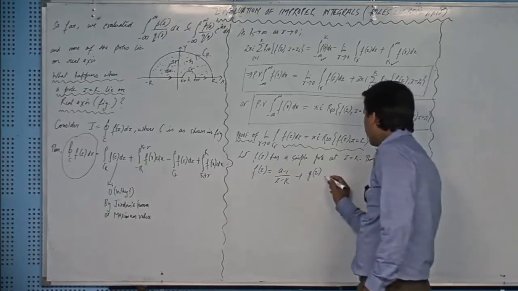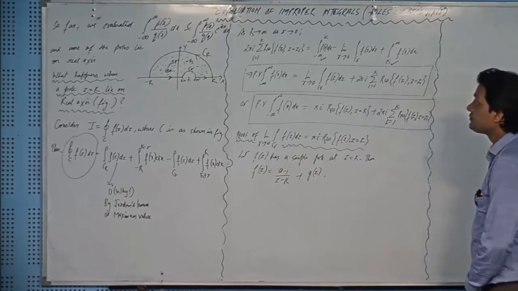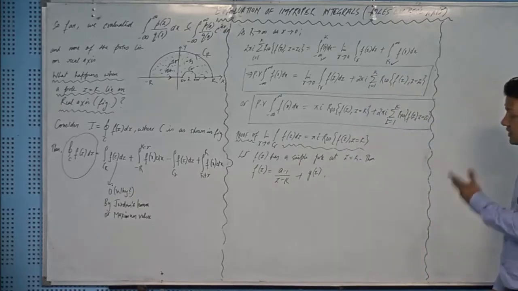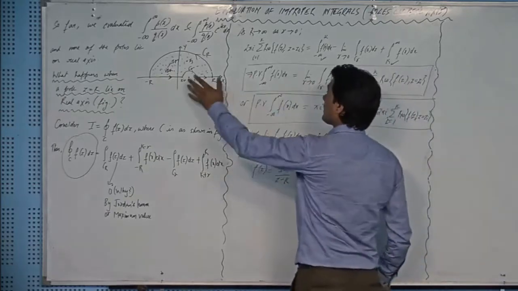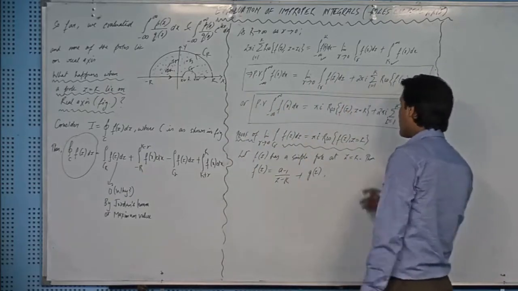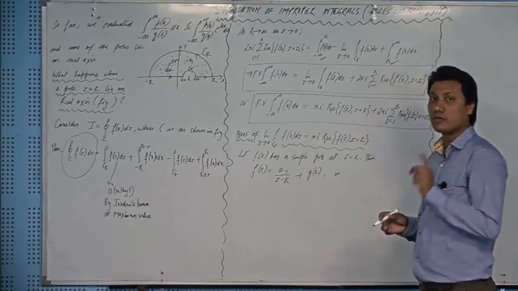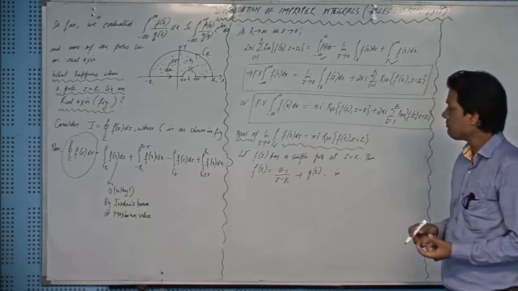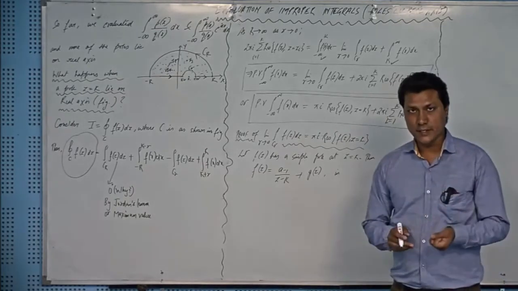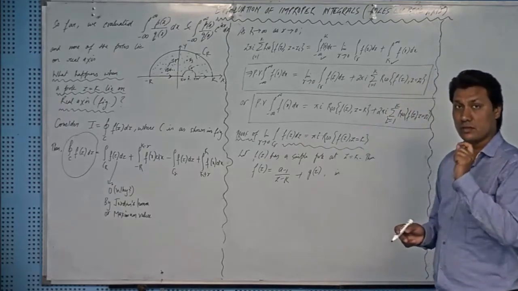I will write that here. The Laurent series gives the correct information only if you choose the correct domain. The domain should enclose only that singularity. If you are expanding in powers of z minus k, then your domain should enclose just the pole z equal to k.